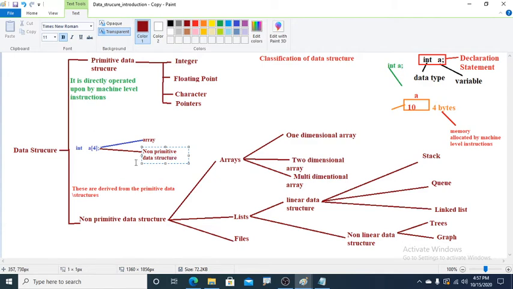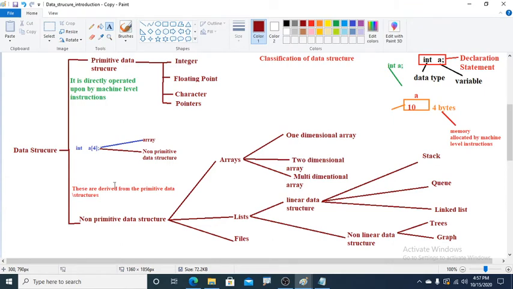Now let us understand the definition. These are derived from primitive data structures. So this is what non-primitive data structures are.